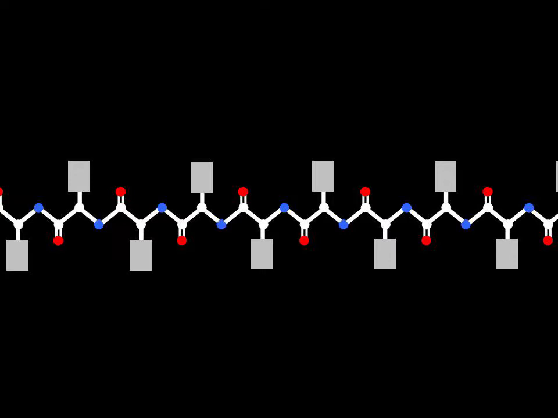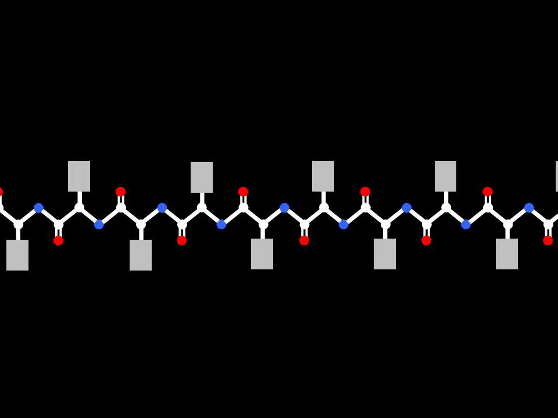Here you can see schematically the peptide chain. The blue is the nitrogen, and the red is the oxygen atom. And as you can see, the oxygen is double bonded to carbon. Carbons are shown in white, and the light gray boxes are the R groups, which are different for each amino acid.